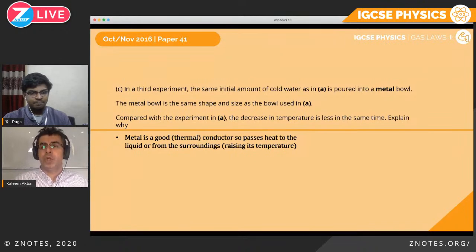And they'll say, to stop heat being lost to the surroundings. And I'll say, when's the last time you stood and put your hand above an ice cream to go, ah, that's so warm? Guys, cold things don't lose heat to the surroundings. Cold things gain heat from the surroundings. That's why the metal conductor here is decreasing how quickly it cools down, because it's gaining energy. I hope that makes sense.